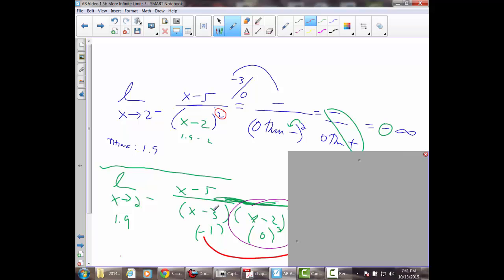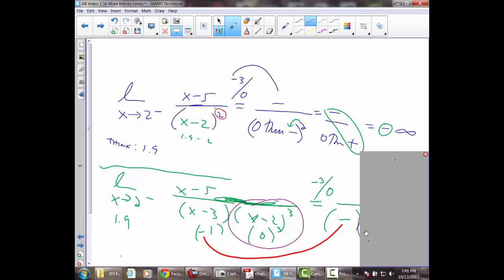Here's another situation. Let's say there's two binomial factors in your denominator. If I was to plug in 2, by the way, I would get negative 3 over negative 1 times 0, which would be negative 3 over 0. So I know I'm going to get infinity or negative infinity. Now here, I can actually plug 2 into here, and 2 minus 3 is negative 1, and I need that negative.